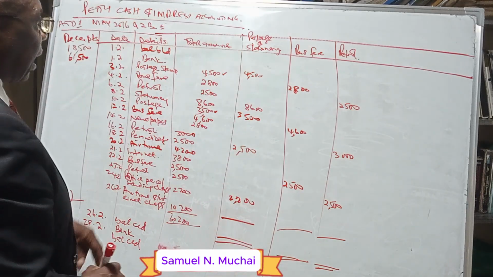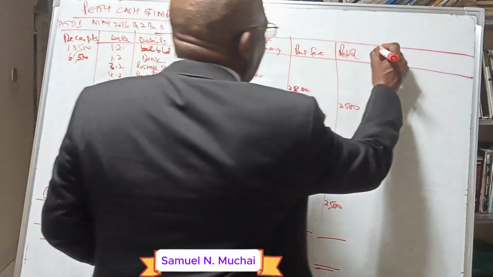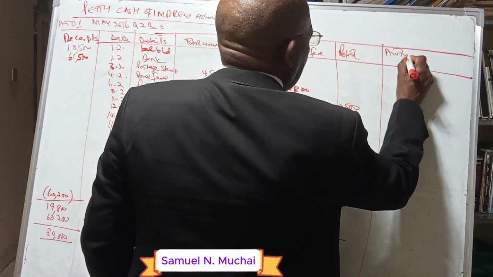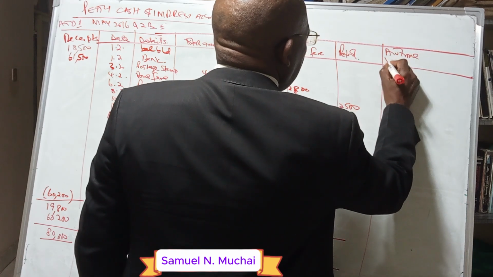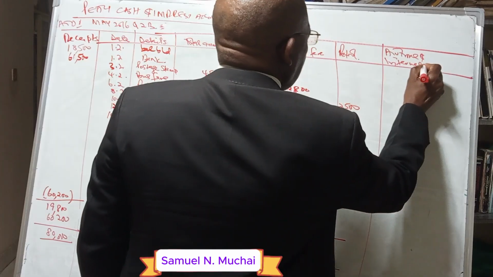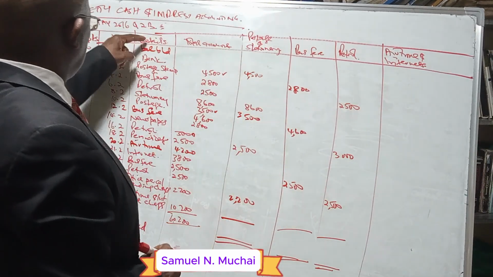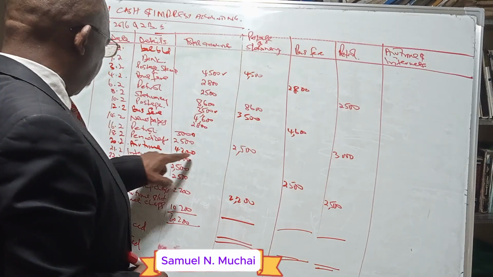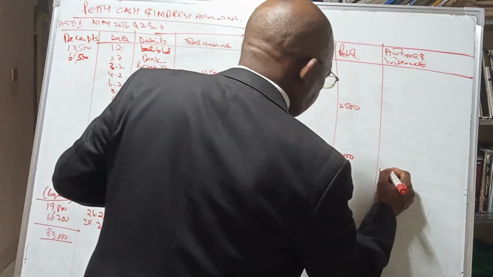And then we have airtime and internet. So we have categories of expenses, airtime and internet. Again, we get airtime here, 4,200.